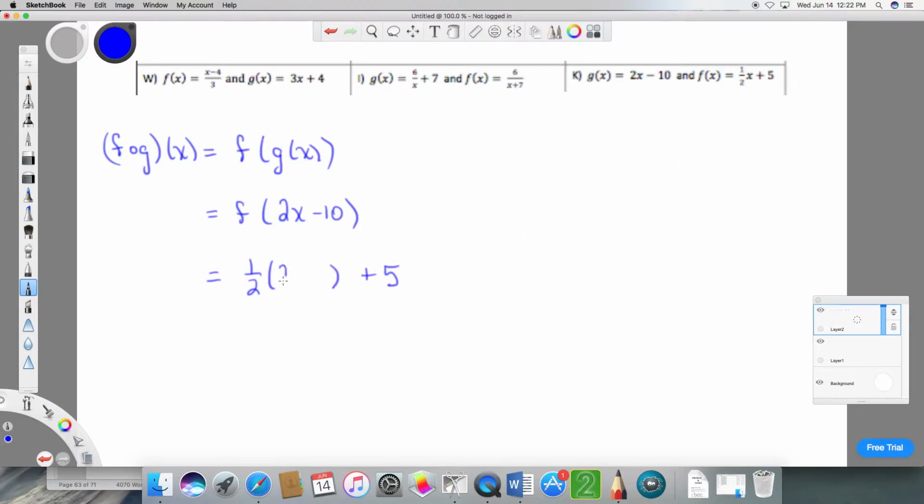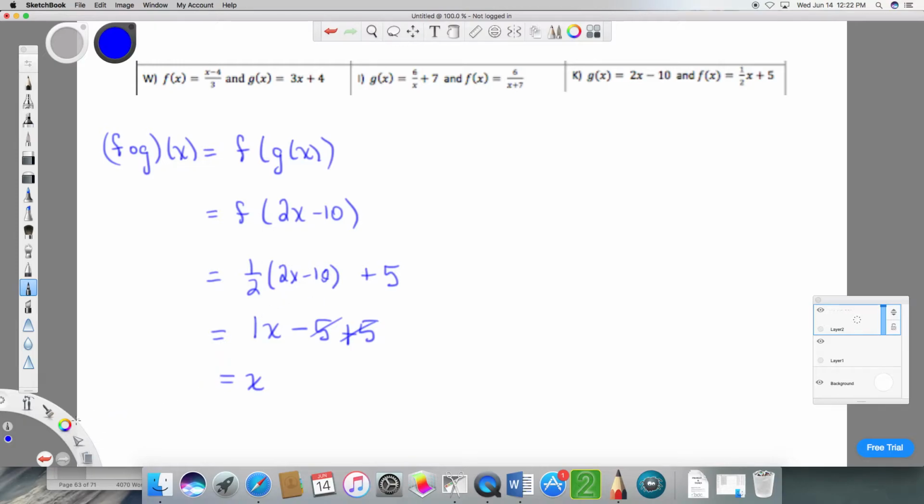So our input is 2x minus 10. So when you distribute this, when you multiply both of the terms here, you have half of 2, which is just 1, and half of negative 10, so you have a minus 5 and a plus 5, and those cancel, and it looks like that these are going to be inverses.